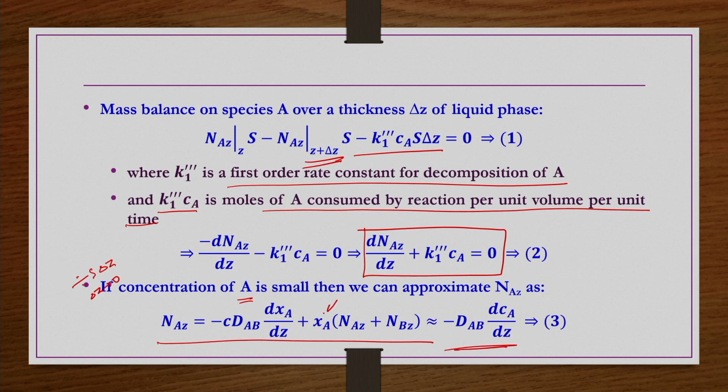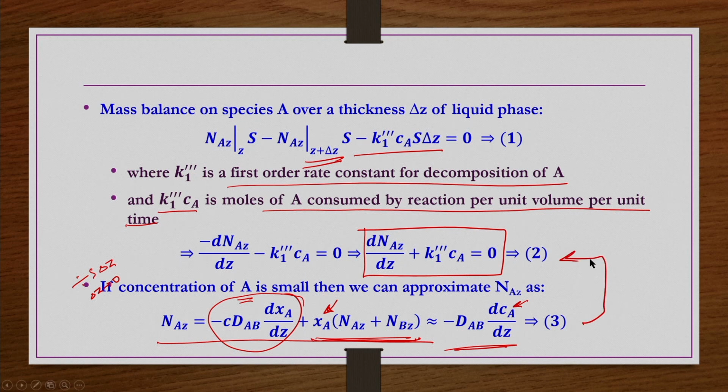If Xa is very small, assuming the concentration of A within the liquid system is very small, because only a small amount is diffusing, then the second contribution would be very small compared to the first. So we are not considering the second part on the right hand side, we are taking only this part. So Cxa we can write as Ca, and minus DAB dCA/dZ is nothing but NaZ.